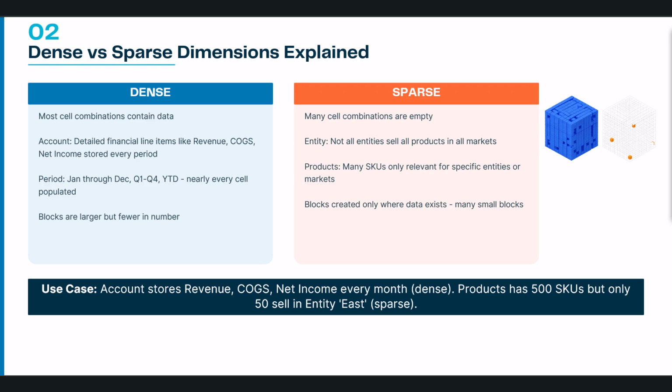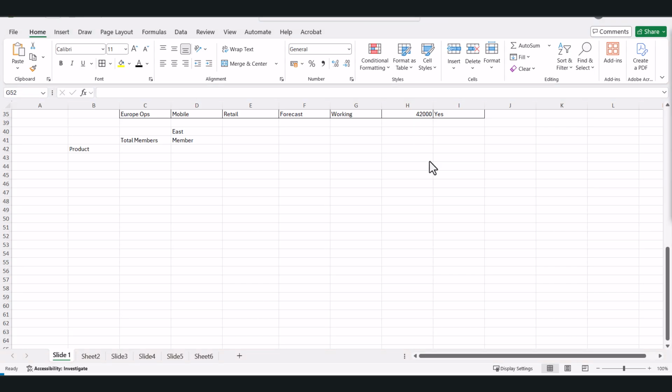Now when it comes to sparse, it is a completely different story. Let's talk about a product dimension. Imagine we have a product catalog of 500 SKUs. That is, the product dimension has 500 members. I know it sounds like a lot, and definitely it is. But do we really think all the products will be sold in all the entities or in all the regions? Let's see an example. Let's consider East is selling only 50 products.